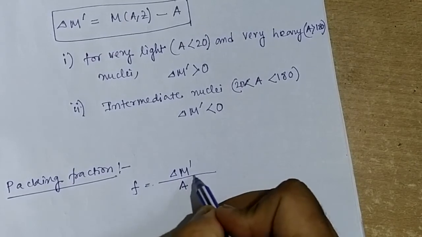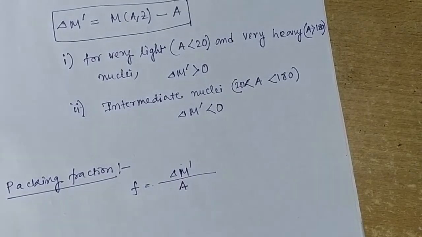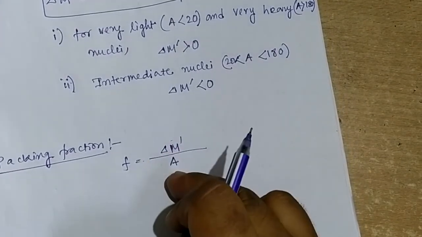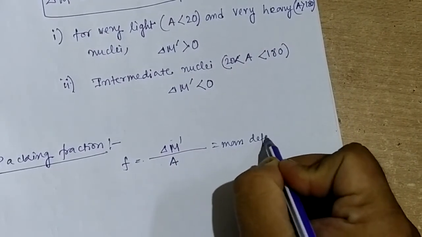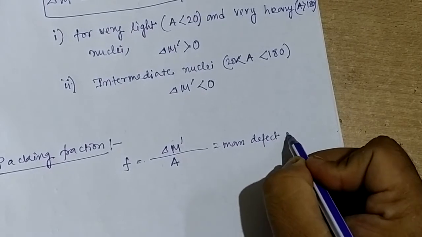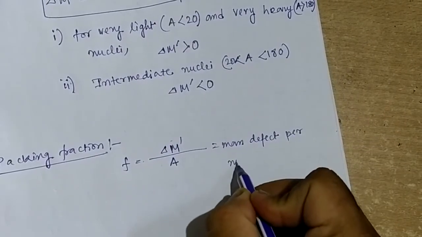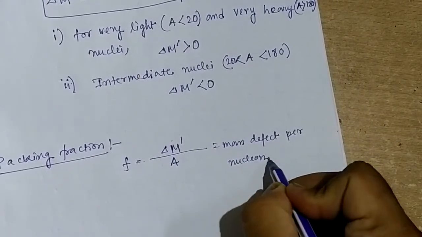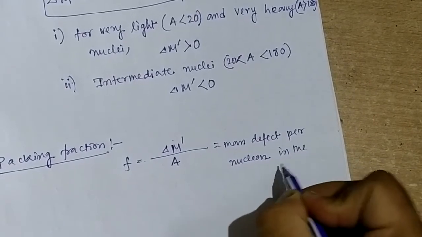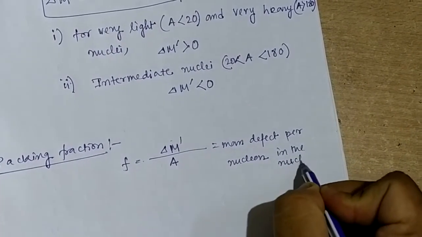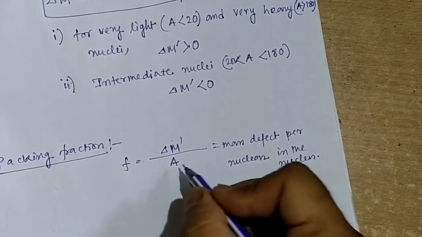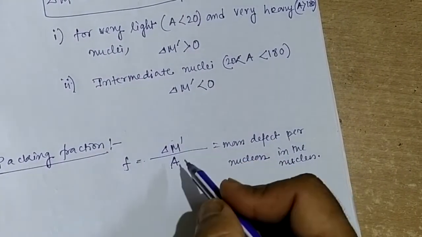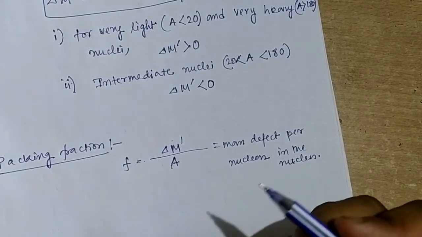That means the total mass defect divided by the total number of nucleons, that is, the mass defect divided by the mass number.